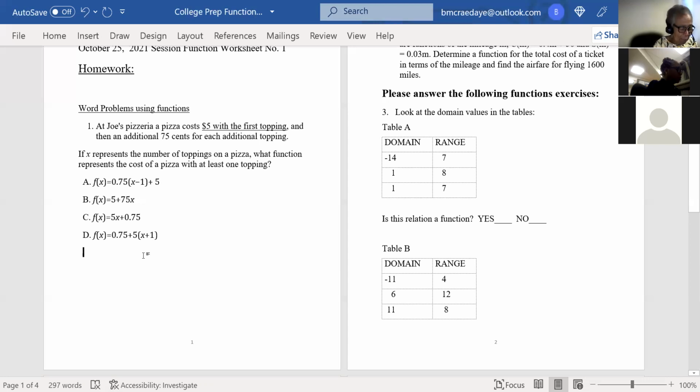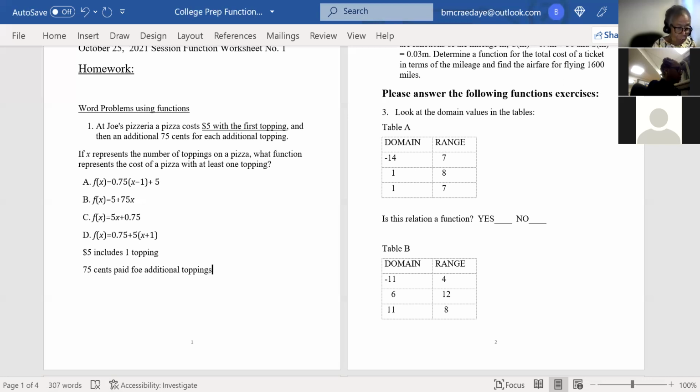Okay. $5 includes one topping. 75 cents paid for additional toppings.